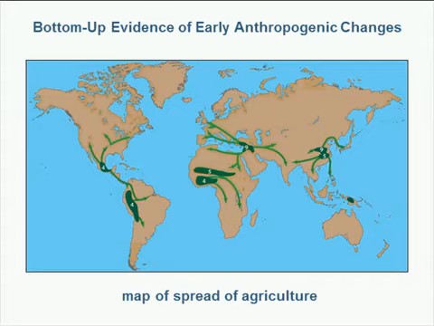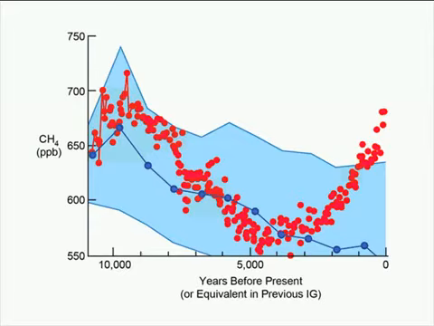Now, there's lots of data, much of which has just been very recently assembled, that bear on the timing of the spread. I'm going to repeat here the methane pattern to remind you that somewhere between 5,000 and 4,000 years ago, the methane trend bottomed out at a value around 550 parts per billion, and then has been increasing ever since.